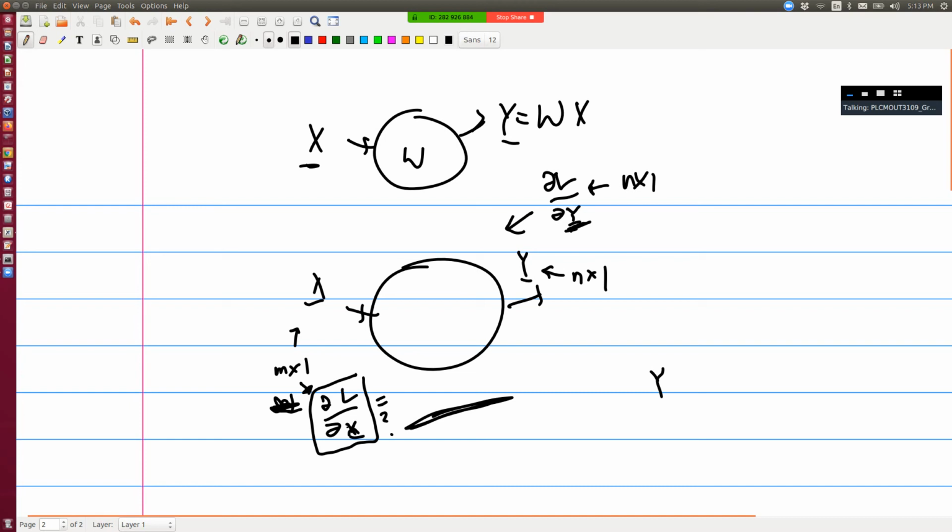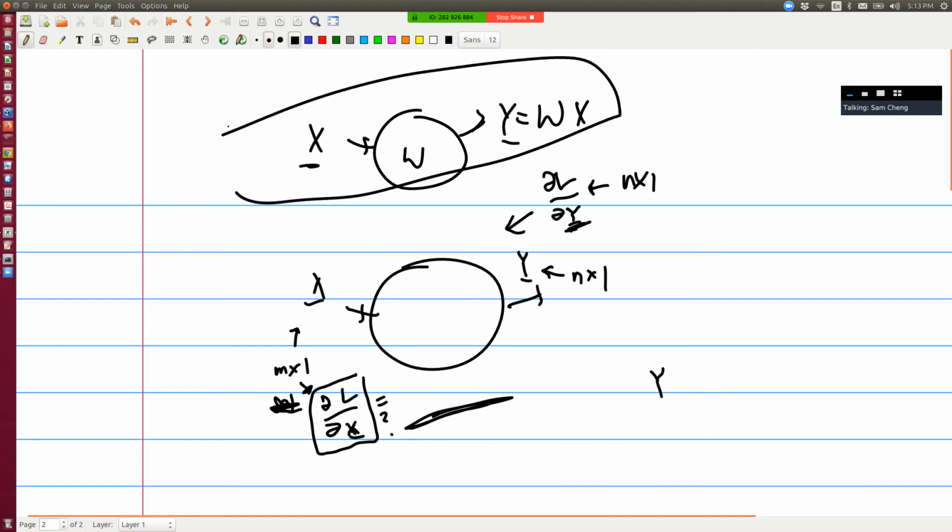Is it the partial of y as it pertains to x, w? Oh, okay. This is a special case you can use to give you some intuition. But in general, you can have a more complicated function inside this circle. All we know is that the input is a vector and the output is also a vector.